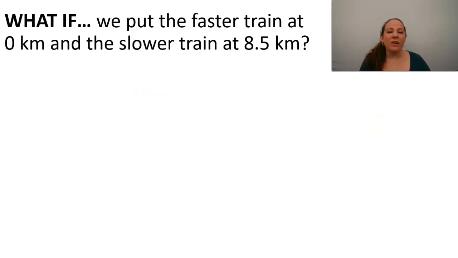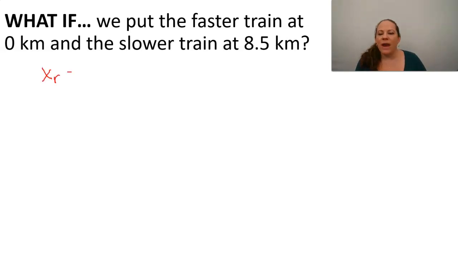So I arbitrarily chose to solve this problem, assuming that the slow train was starting at 0 kilometers. But what if we put the fast train at 0 kilometers and the slow one at 8.5 kilometers? So let me grab my pen tool. So we're going to change our mathematical models, right?